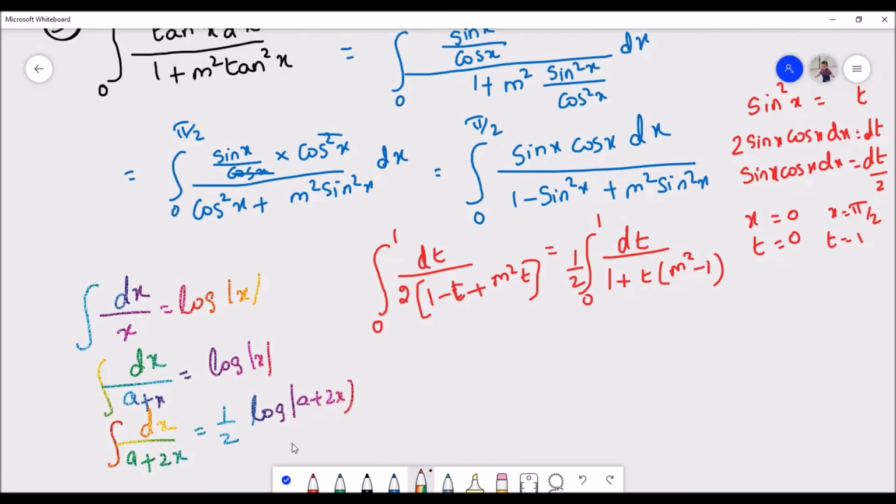So everywhere plus c is there. In this case, our constant is m square minus 1.